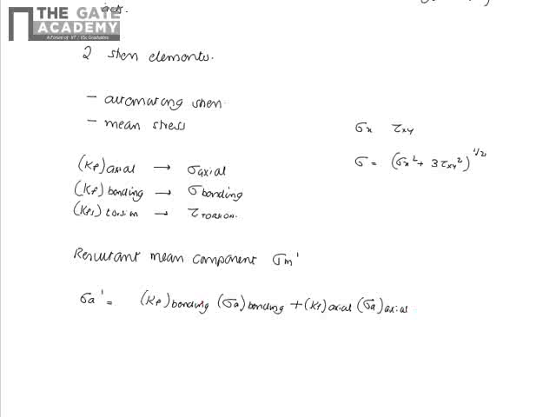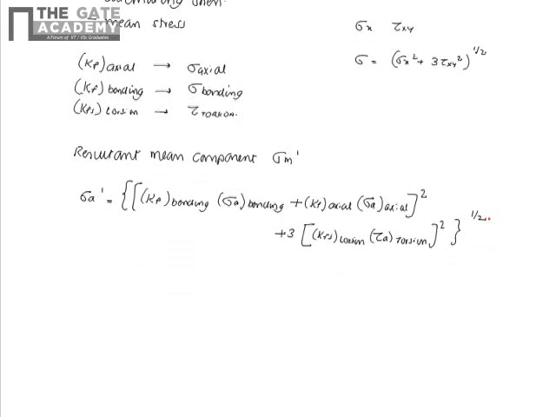This will give the total normal stress, this square plus 3 times the fatigue stress concentration factor for torsion into the alternating component of the torsional shear stress, whole square, the whole raised to half. This will give the resultant alternating component.